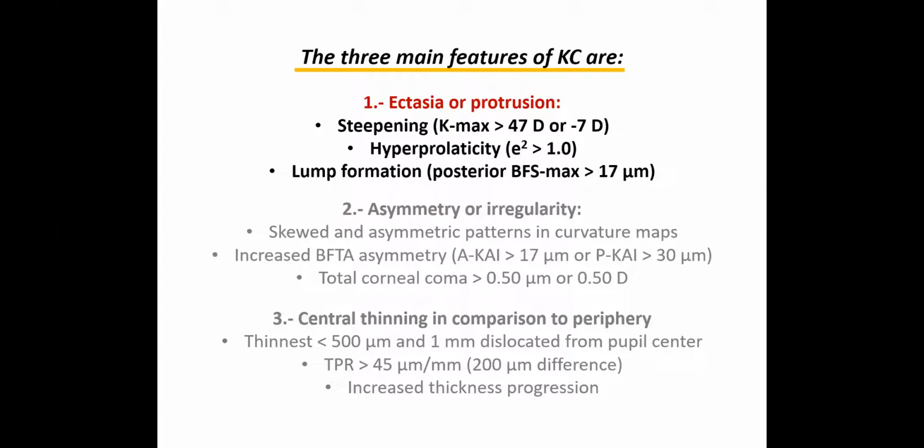First is ectasia, identified by steepening, hyperprolaticity with the Q factor or epsilon square, and mainly the formation of the lump observed by the posterior BFS maximum.